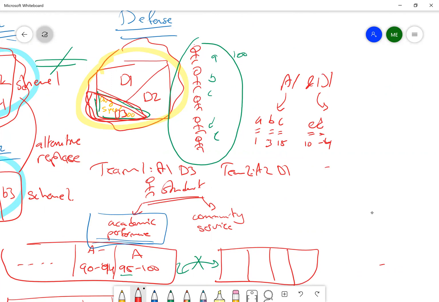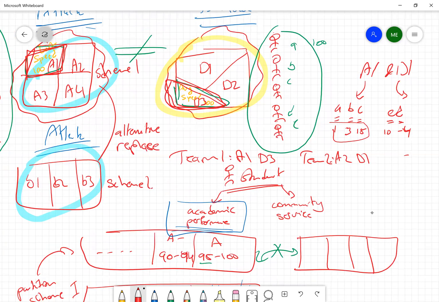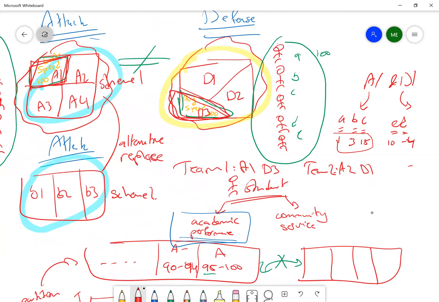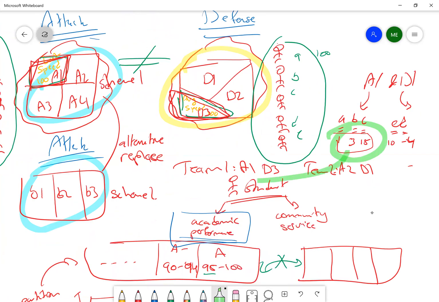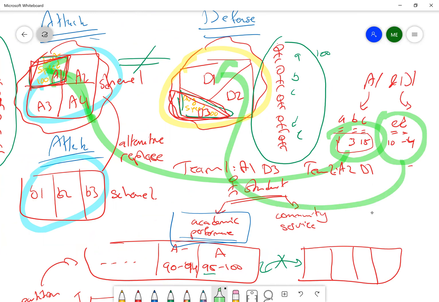When I choose A equal to 1, 3, and 15 for the C, this is actually representing A1, and those values for E and D are representing D1.